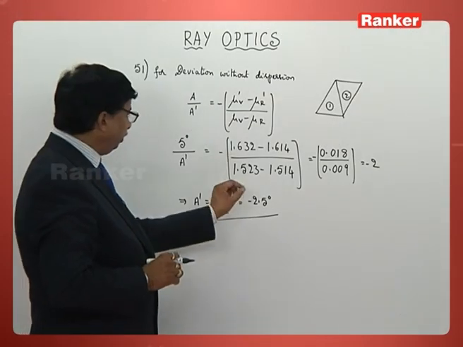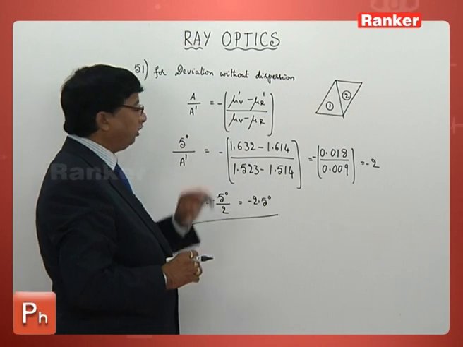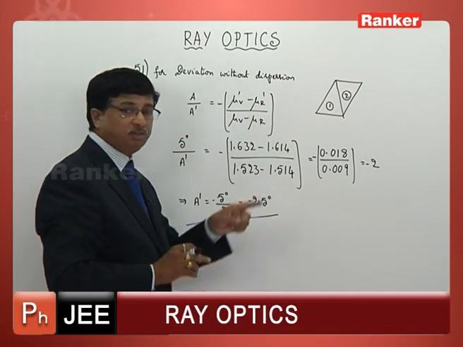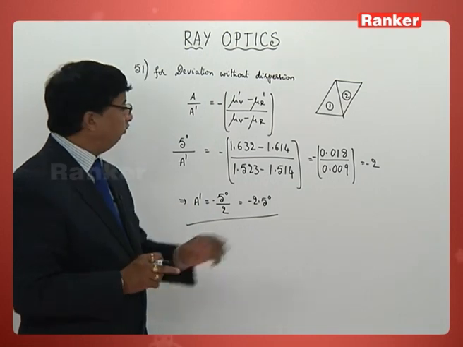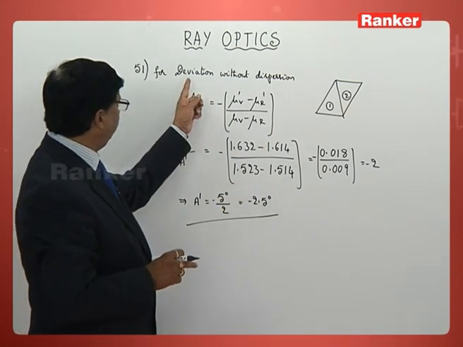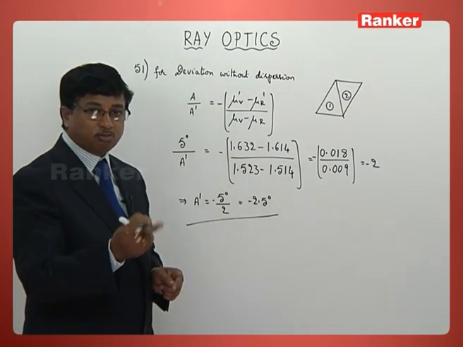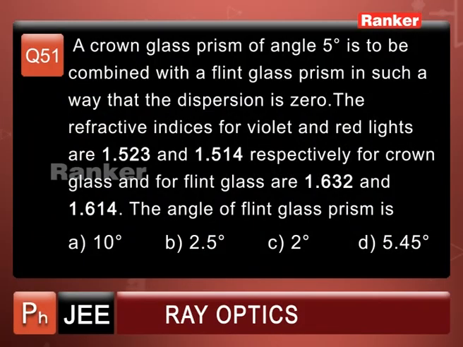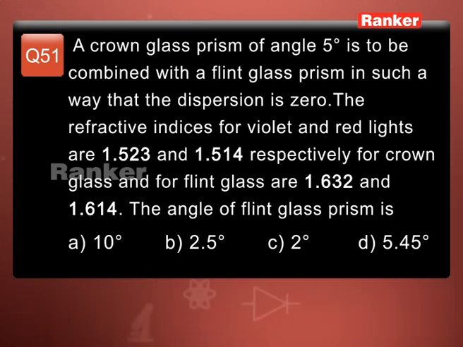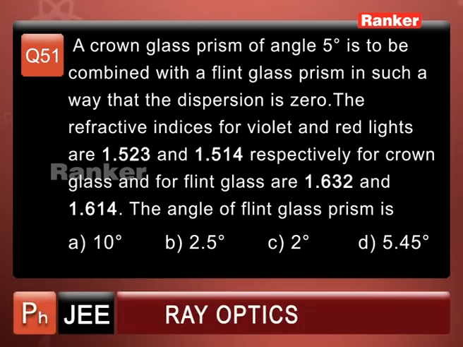So 2.5 degree is the correct answer for the angle of the second prism, that is the flint glass prism, when we consider deviation without dispersion. The options are: first option 10 degrees, second option 2.5 degrees, third option 2 degrees, and fourth option 5.45 degrees.